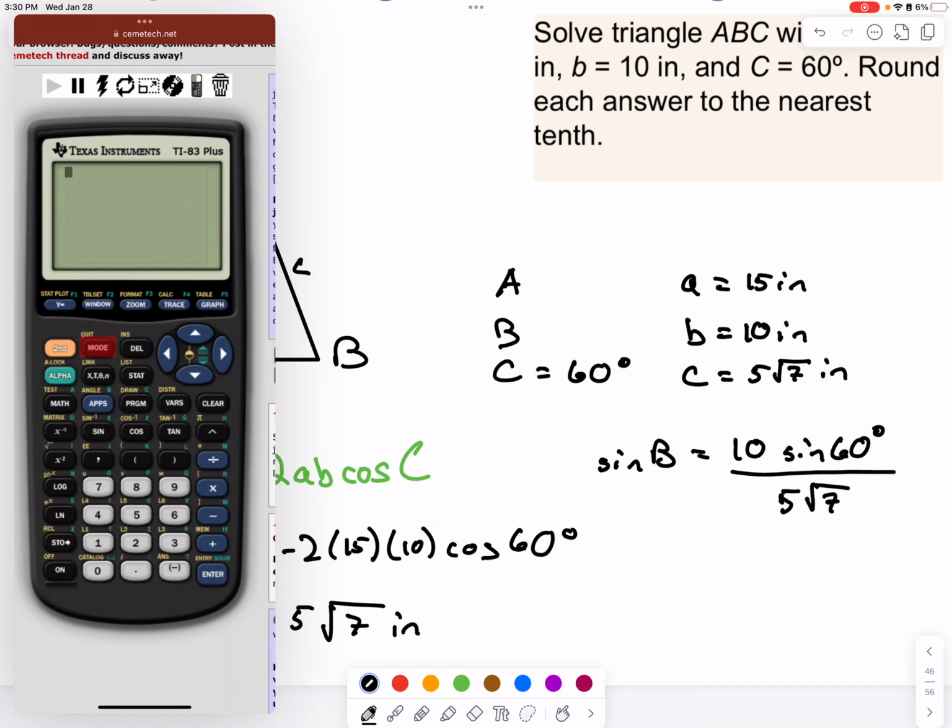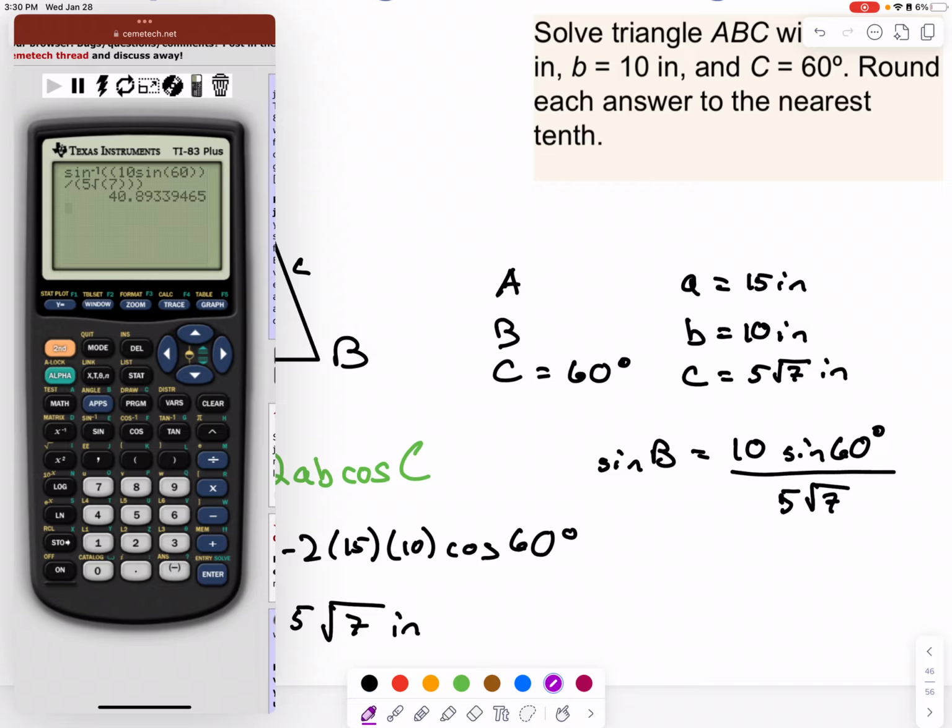Mode, okay. Let's do the arc sine. Now our numerator is 10 times the sine of 60 degrees. Let's close off our numerator divided by, I'll just do a denominator, 5 times the square root of 7. Close off my denominator and close off my arc sine. 0 to 90, okay.